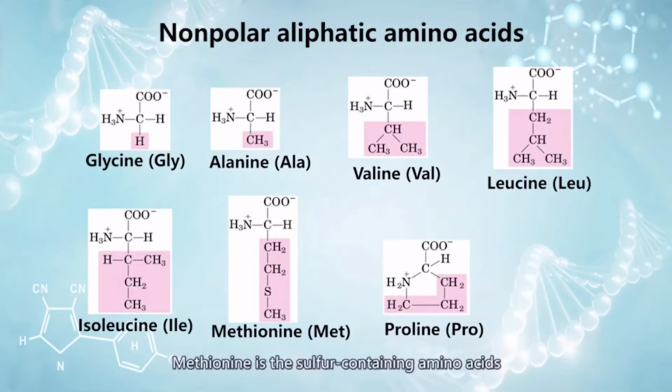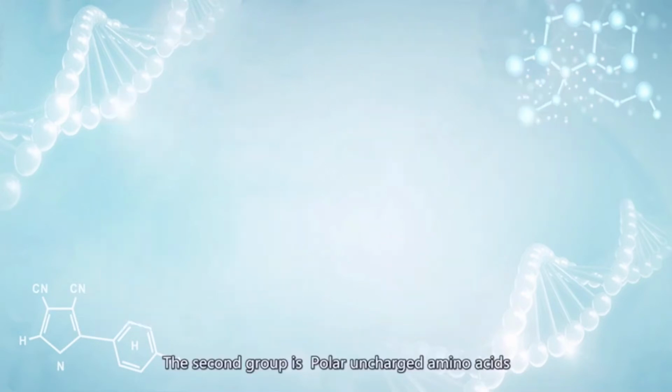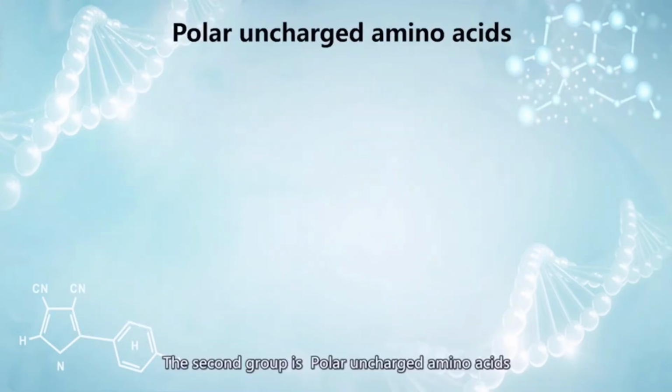Methionine is a sulfur-containing amino acid, and proline is an imino acid. Its secondary amino group inside the ring forms a rigid cyclic structure that reduces the structural flexibility of polypeptide regions containing proline.